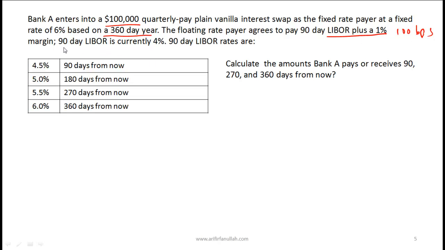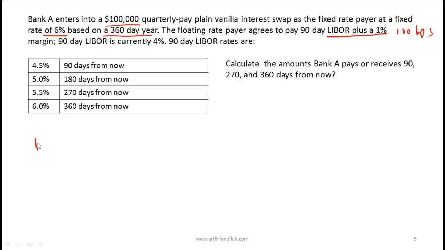Now we are told that the 90-day LIBOR is currently 4%, and then we are given what LIBOR turns out to be for the subsequent periods. This is a 6% swap. Why? Because the fixed rate is 6%. So how do we model this?